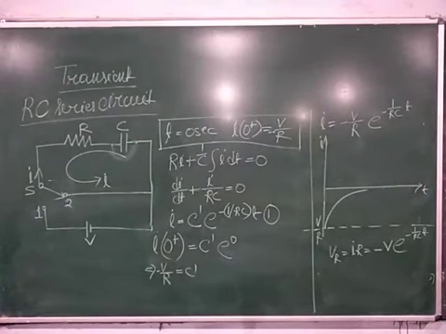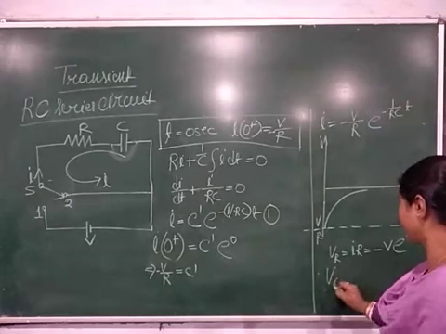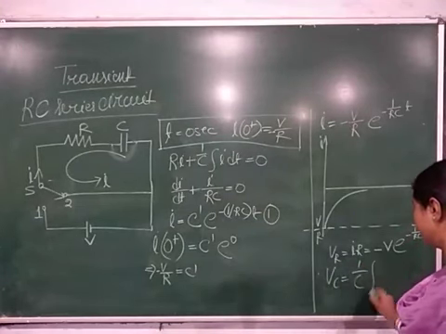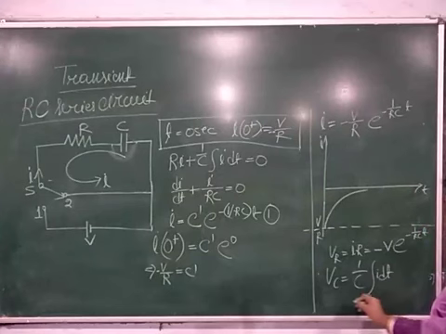Then how much voltage is stored by the capacitor? That you can get by multiplying 1 by C integration of i dt: Vc equal to 1 by C integration i dt.